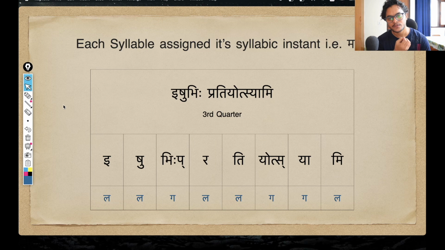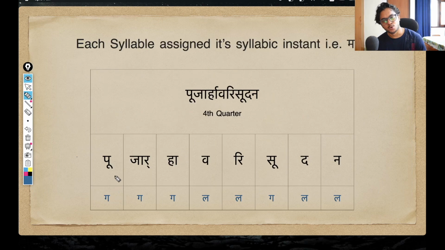And now let us do the final quarter. So see here, pu, it is a dirgha vowel, so it is guru. Jar, it is again guru. Ha, guru. Va, laghu. Ri, this is laghu. Su, it is guru. Da, laghu. Na, laghu.